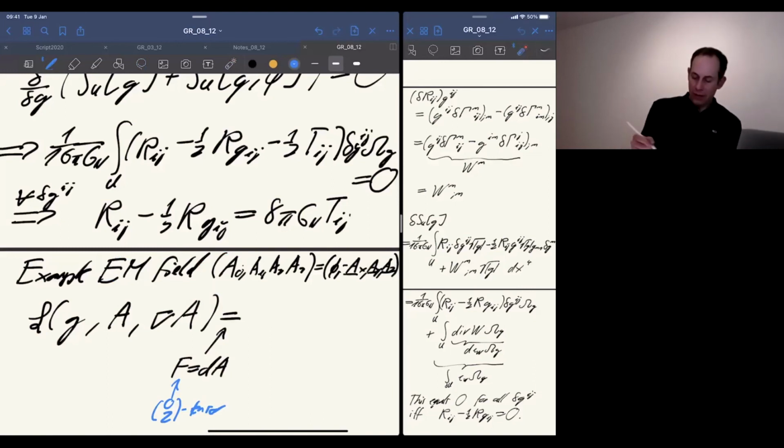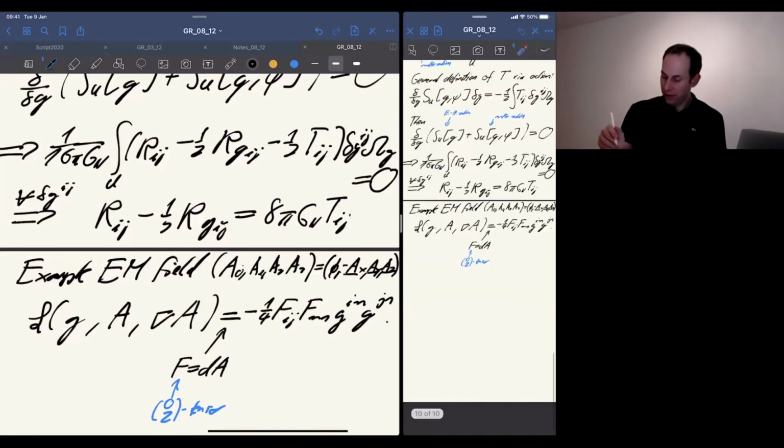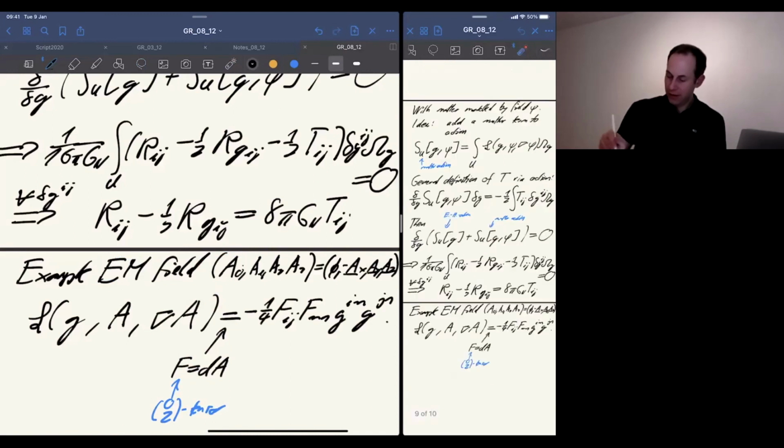And I could as well just always write dA whenever there is F. And now the Lagrangian density is given by Fij times Fmn with a prefactor, which is essentially a convention, gim gjn. Okay, so that's now a concrete action that I would insert here when I said, okay, here we have a general action.